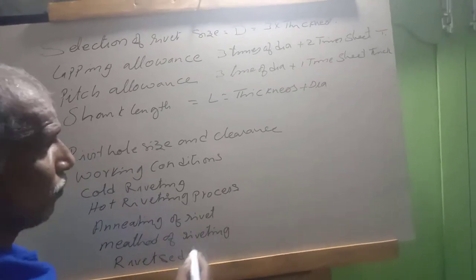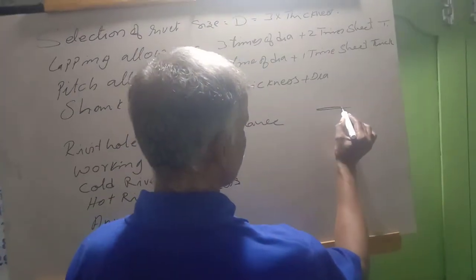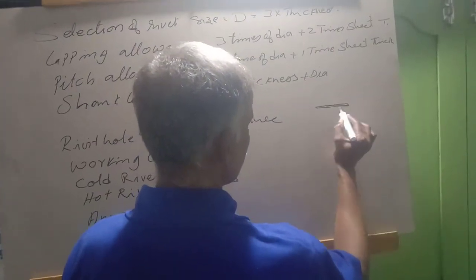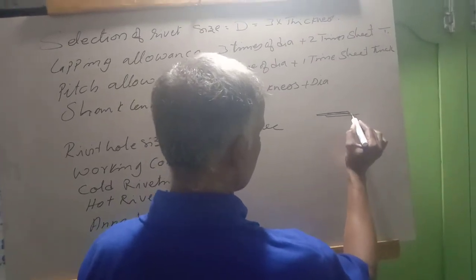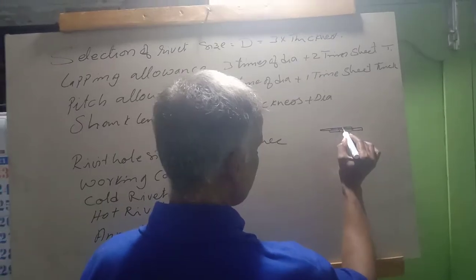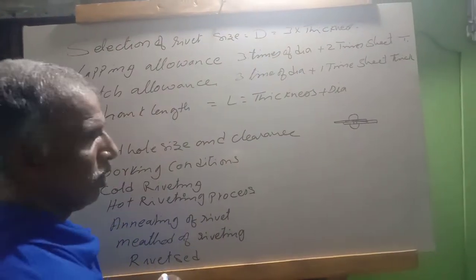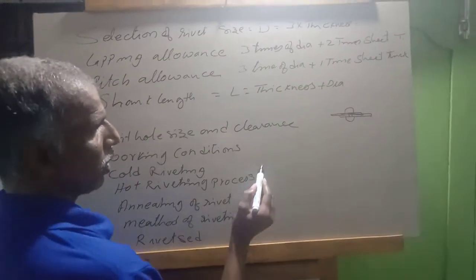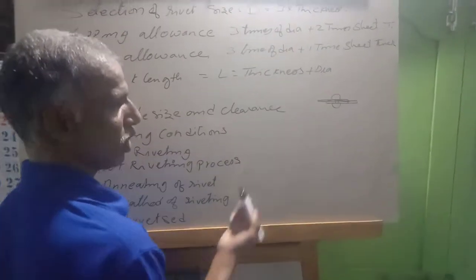Now, a thin sheet joined with a rivet. See, after making this drawing, you can see that it is not proportionate.